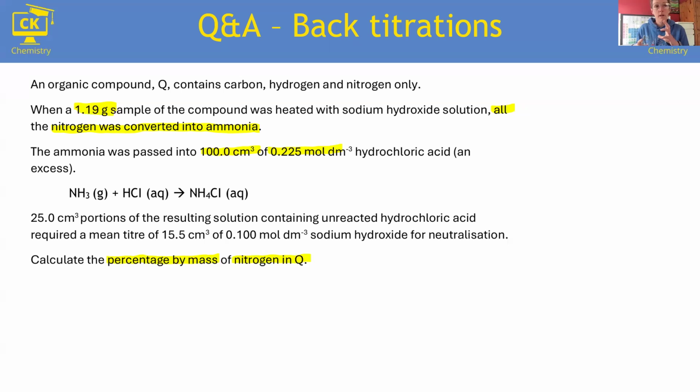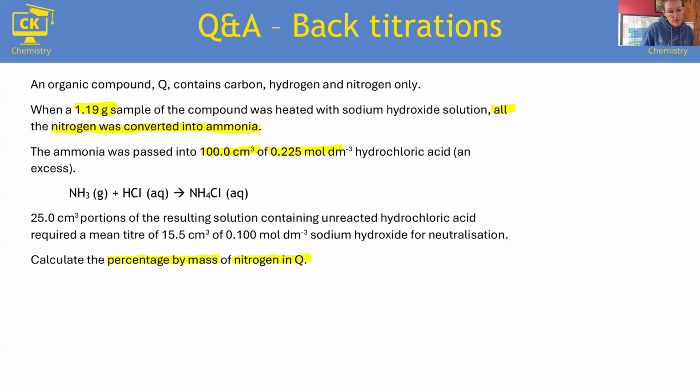And in the second year, when you do more redox stuff, you're going to get back titrations with redox examples. What they will often be is, for example, turning all the iron into Fe2+ so that you can then titrate it. So that's just a step to make the nitrogen into a compound that I can react. I don't need any more of that information.